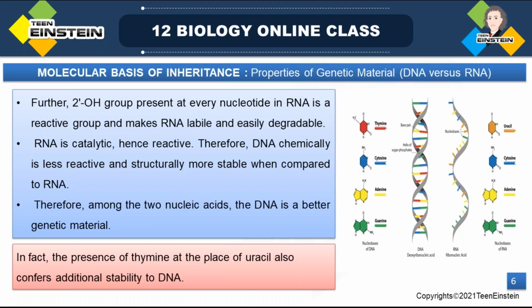But DNA doesn't have this OH in the second position, so it is less reactive and DNA is more stable. When compared to RNA, DNA is more stable. Why? In the second position of each nucleotide, RNA has an OH group that makes RNA more reactive, unstable and easily degradable.